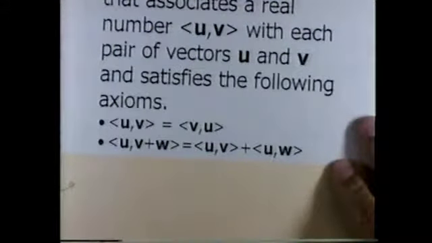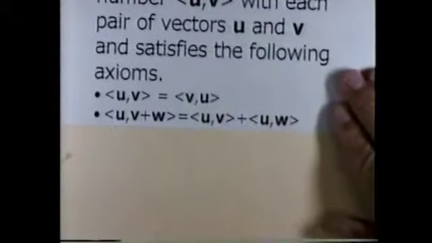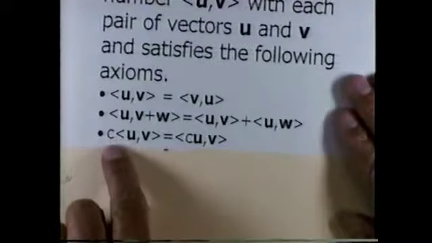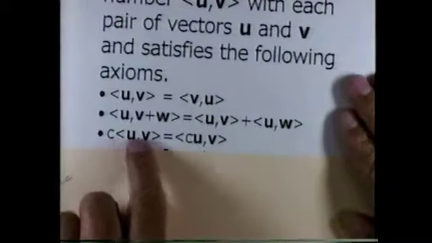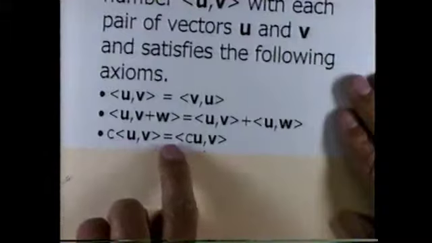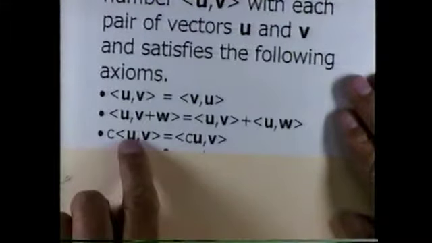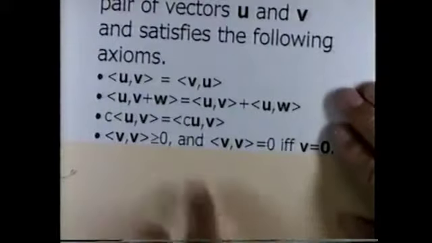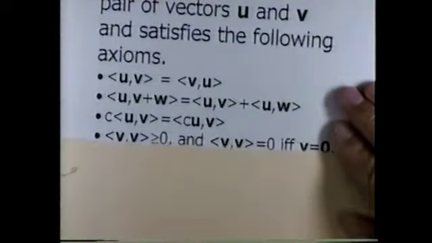So the inner product must be distributive over the vector addition. The scalar outside the inner product can really be put with the U or the V. In this case, we only put it with the U.